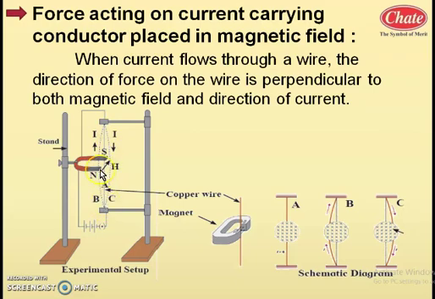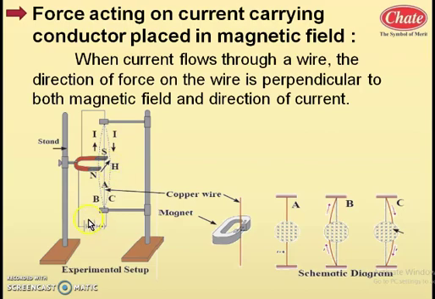The magnetic line's direction here due to the external field is from north to south. Around the current carrying conductor, a magnetic field is also produced. Hence this current carrying conductor experiences a force. This force experienced by the conductor is in one direction.